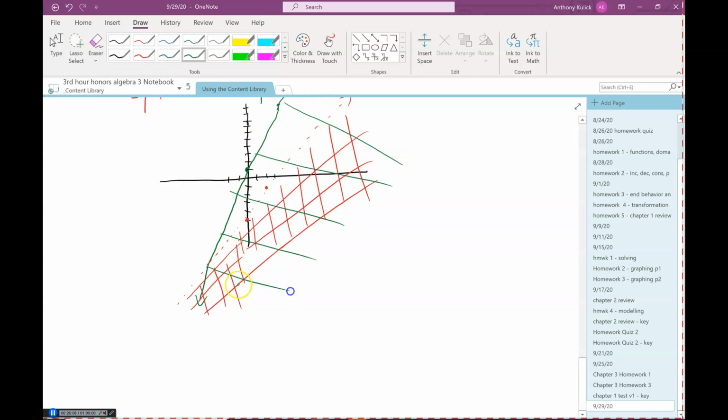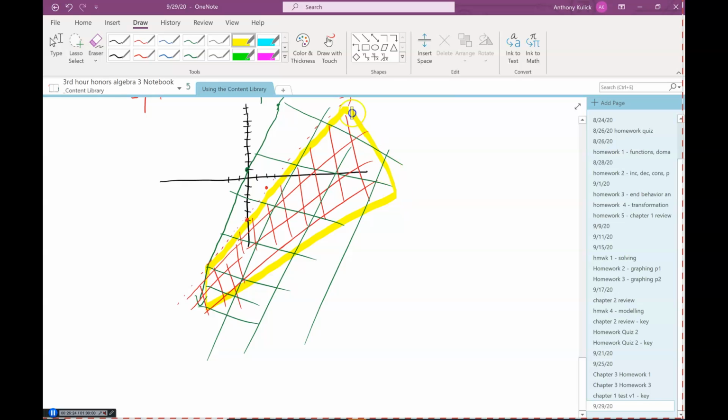So what does my solution look like? It's the intersection of the shading. So it'd be like this area here, where both the red shading and the green shading overlap.